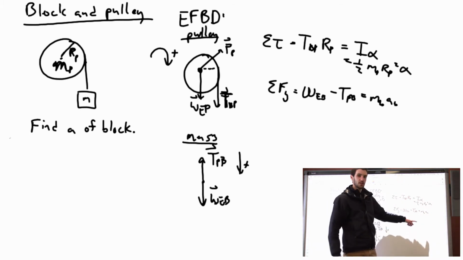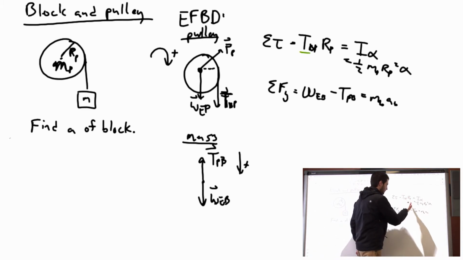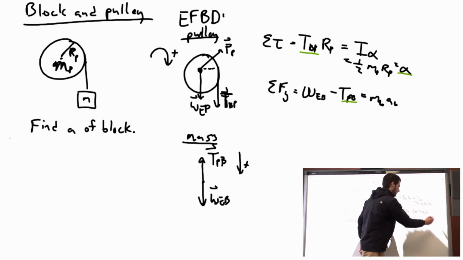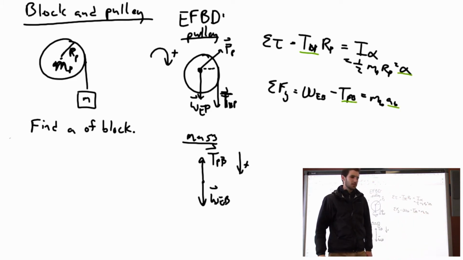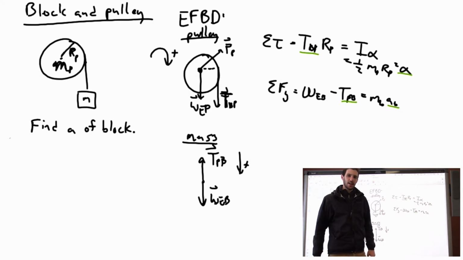So now we're even closer. We've now got two equations. We're missing tension from each. So we don't know tension, we don't know alpha, and we don't know acceleration. And so our last equation, to bring this in and get three equations and three unknowns, is going to be the rolling condition. If something is just spinning and something else is just falling from it, then I can relate the acceleration of that thing falling to the angular acceleration of the thing spinning.